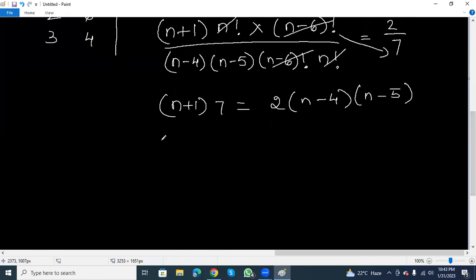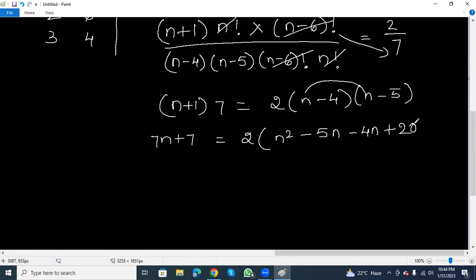Let's simplify. 7 into n, 7n plus 7 is equal to 2 times, first we will multiply these two: n into n, n square; n into minus 5, minus 5n; minus 4n; minus into minus plus 20. So 7n plus 7 is equal to, multiply with 2, 2n square minus 10n, sorry, minus 5n minus 4n is minus 9n. 9 2s are 18n.